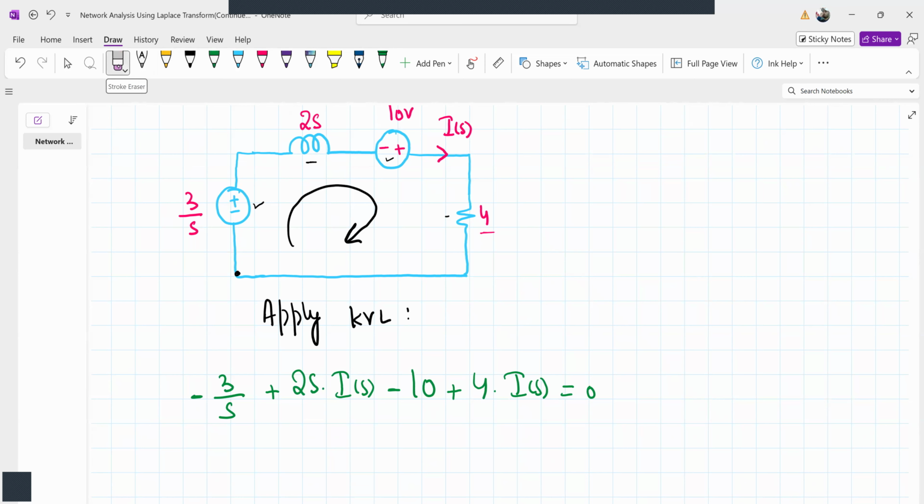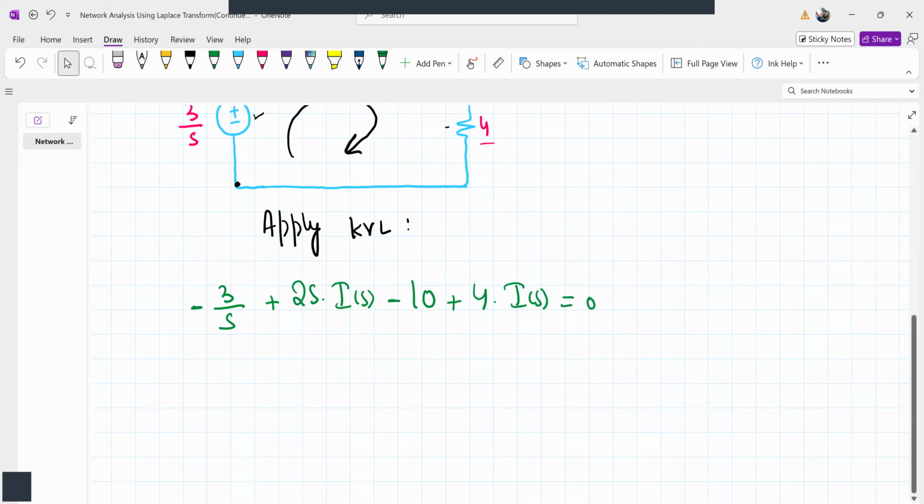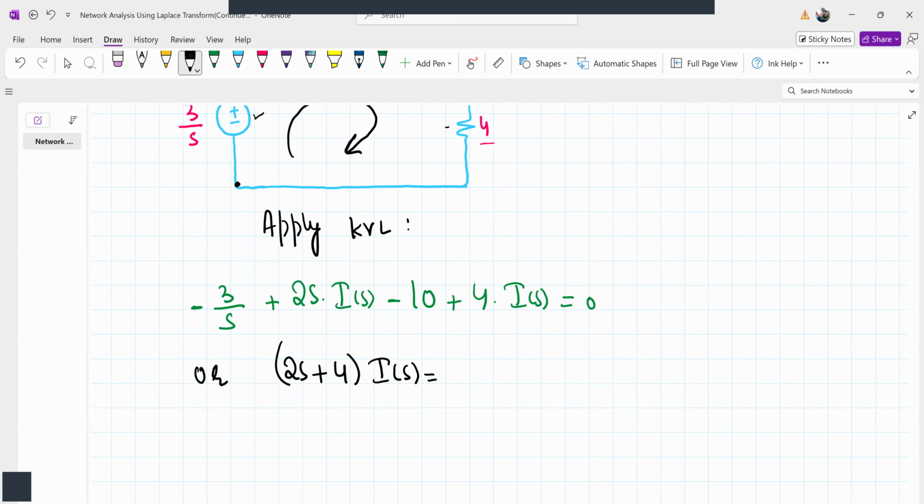Now we'll simplify this. We take the 3 by s and the 10 to the right hand side, so 2s plus 4 times I of s will be equal to 3 by s plus 10.